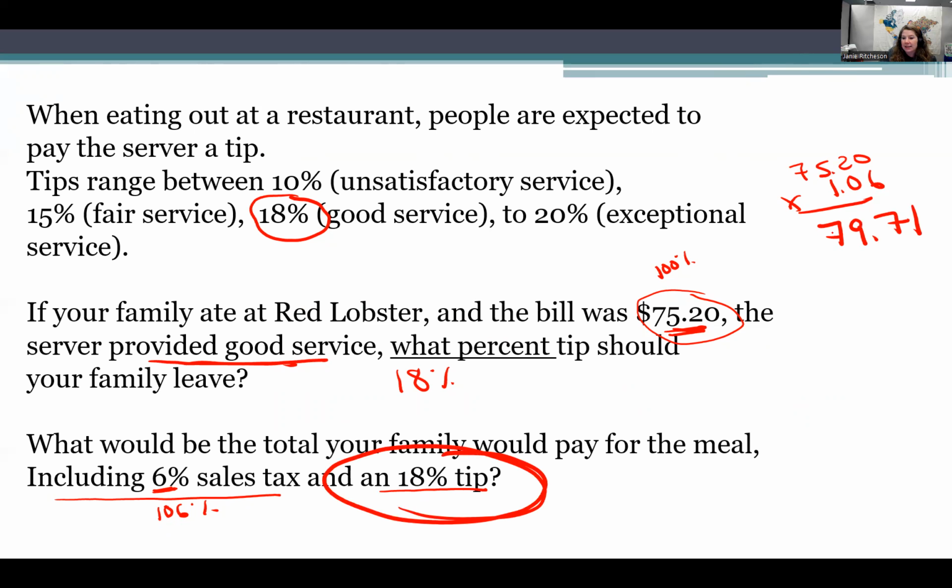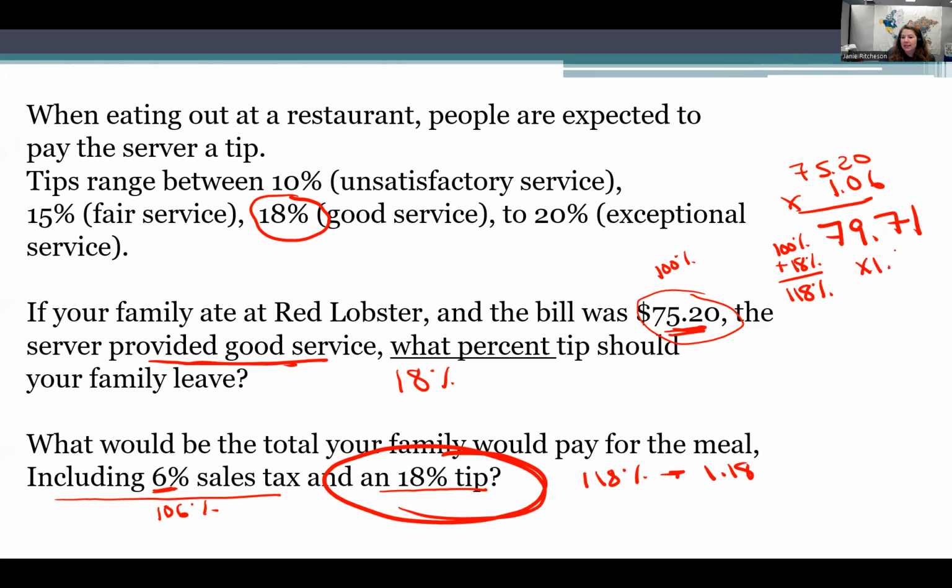Now I'm going to pay my 18% tip. So once again, this is my new price. This is 100% of my price that I owe right now. Plus, I'm going to leave 18% of it, which is a total of 118% of this number. 118% as a decimal is 1.18. So now I want to know what is 118% of $79.71.